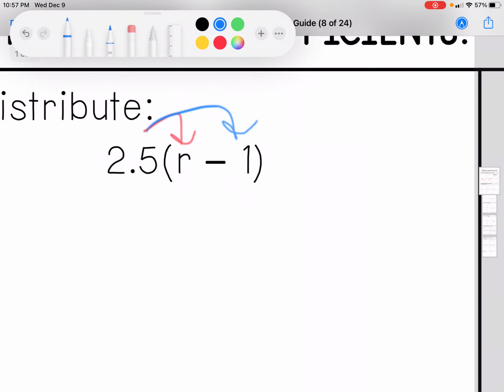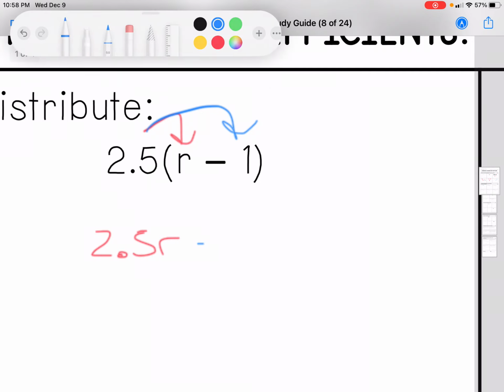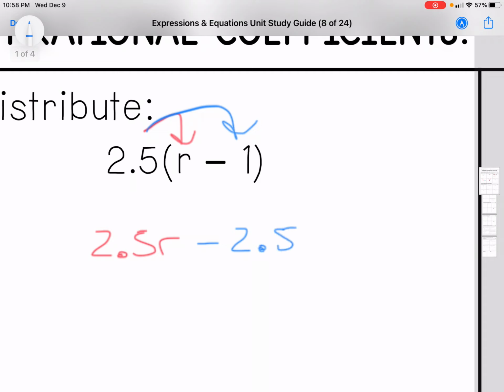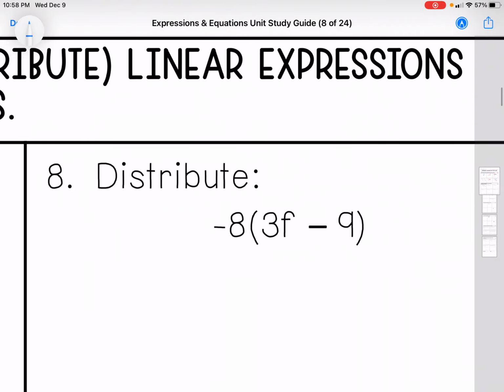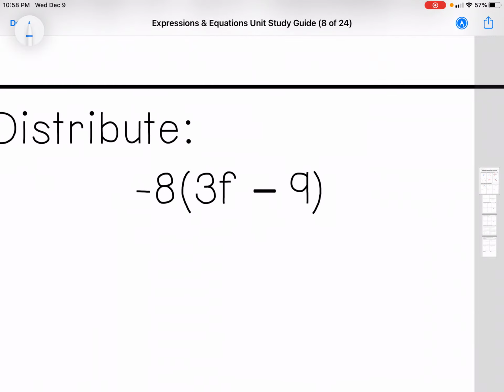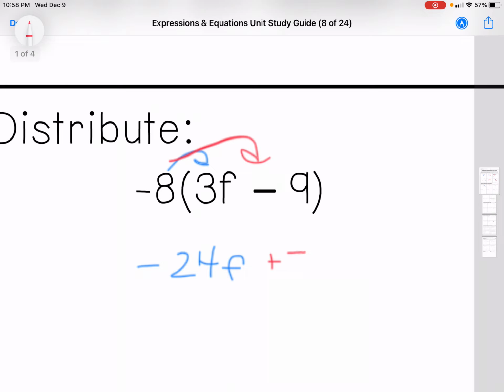Okay. It's going to be 2.5 times r, which is just 2.5 r, minus 2.5. That's -24f. +72.